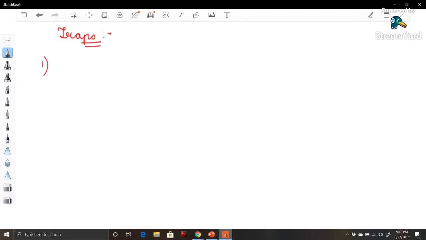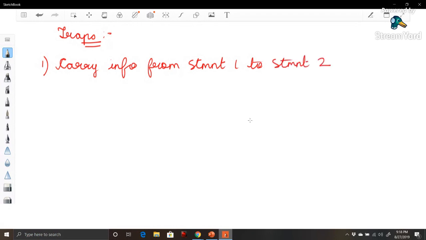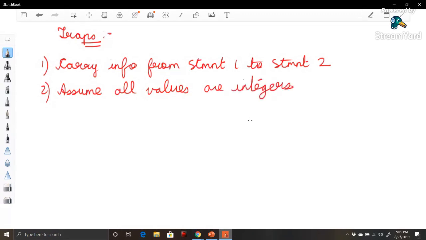The first trap of a data sufficiency is to carry information from statement 1 to statement 2. The second trap of data sufficiency is to assume all values are integers. The third trap of a data sufficiency is for people who try to prove sufficiency.